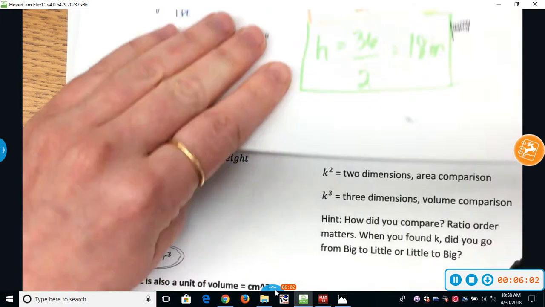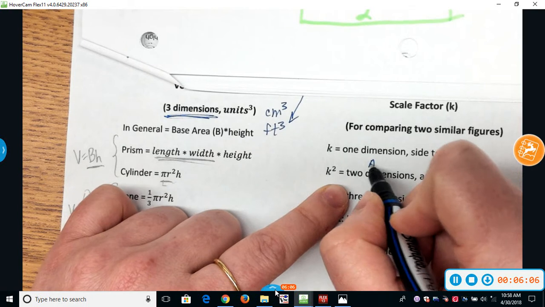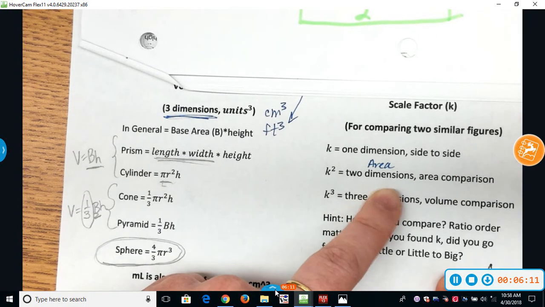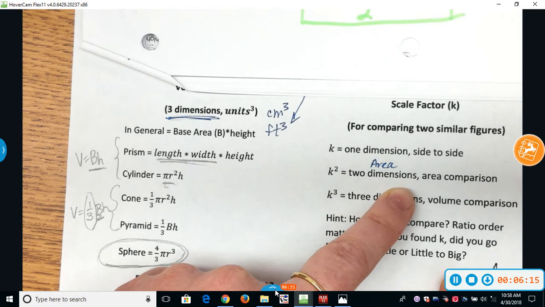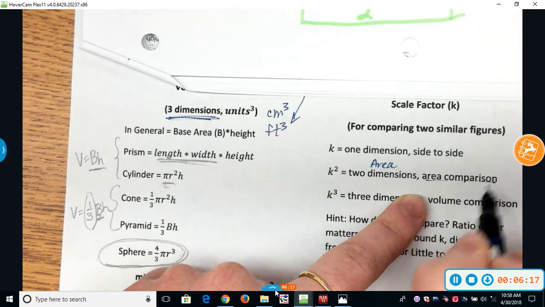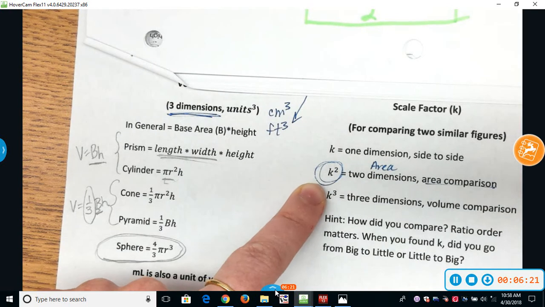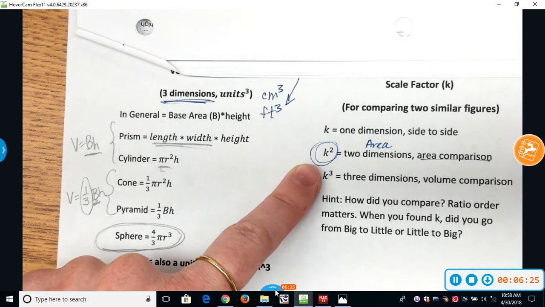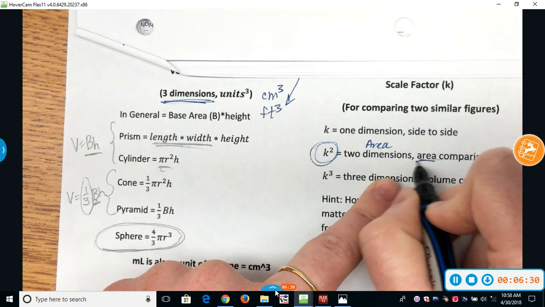Now, when I'm dealing with area, that's two dimensions, length times width, base and height. That's an area comparison. So I need to take that K and square it, and that will give me a comparison scale factor for area.